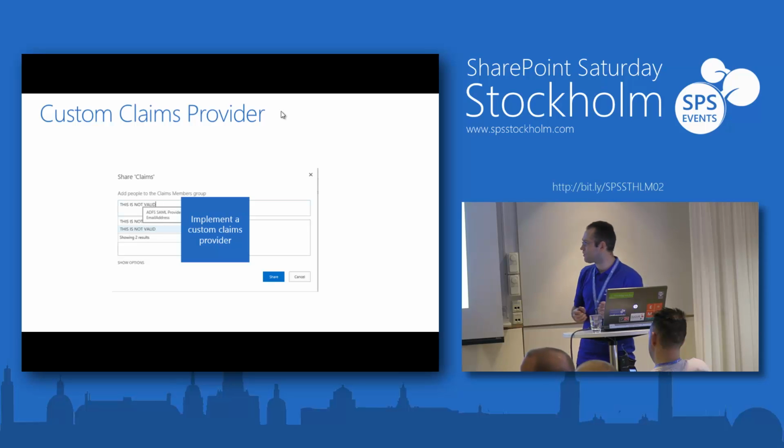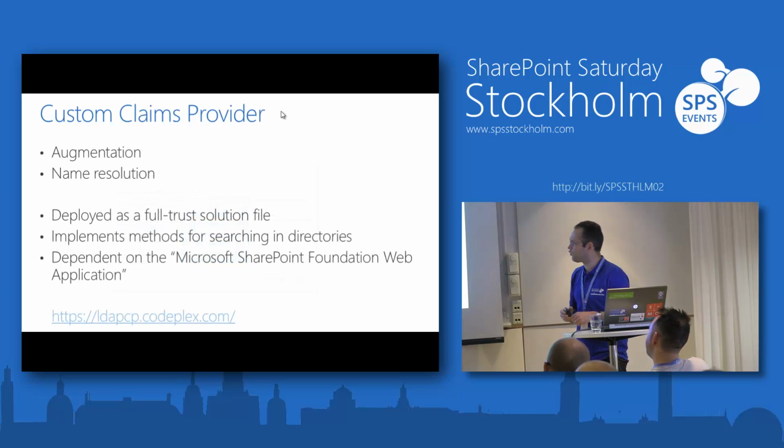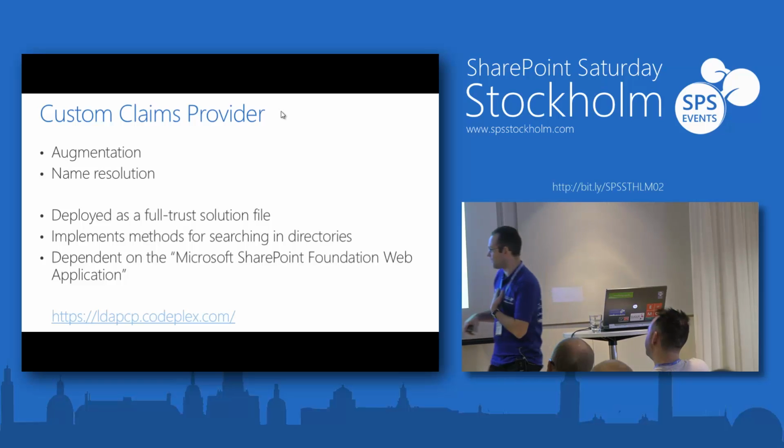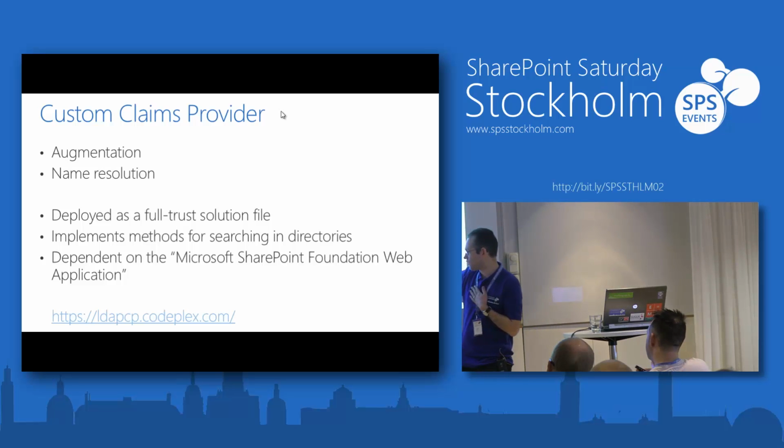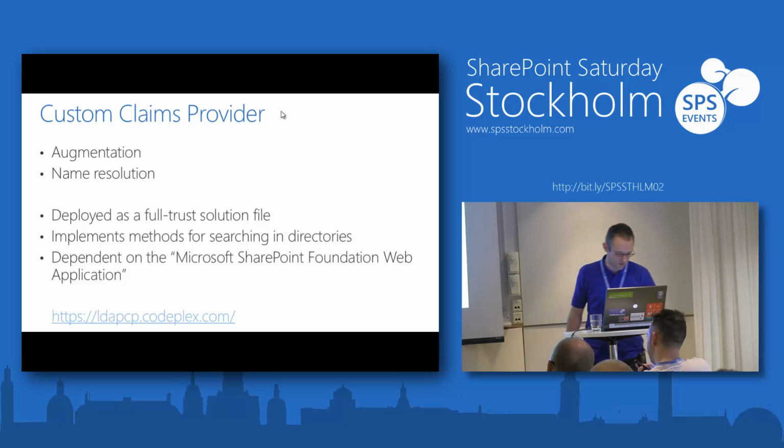Now what you can do is implement a custom claims provider, and that's developer stuff. It's all very well documented. Luckily for me, a poor IT pro who can't even open Visual Studio, there are ready-made solutions available, like this one, ldapclaimsprovider.codeplex.com. That's one you can use. You deploy it as a full trust solution file, so okay, that's no problem.